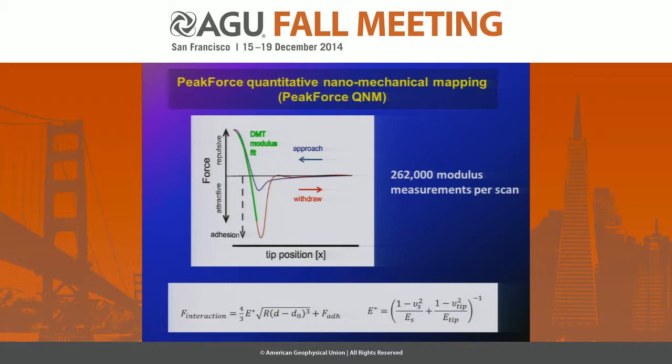But all in all, we get a Young's modulus for each pixel. If I'm working at 512 by 512 resolution, I get for each image more than 260,000 modulus measurements, which gives us a fantastic ability to characterize the sample with quite good statistics. And I can afford to be very critical of the data.